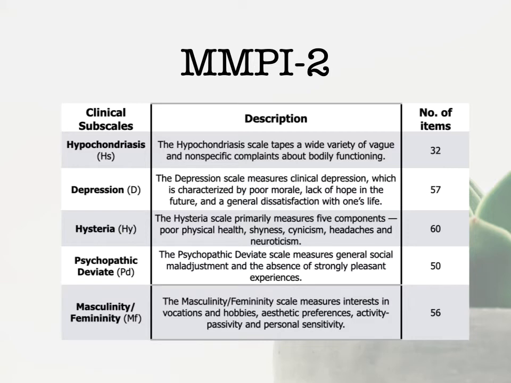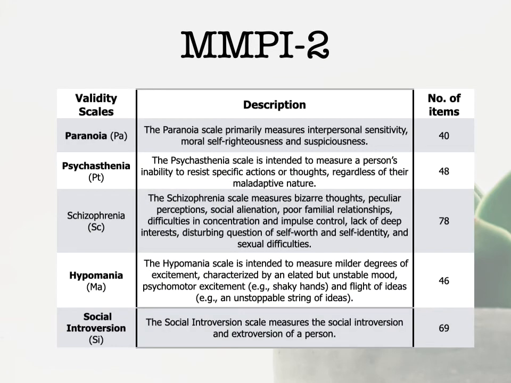What else? You have paranoia, psychasthenia, schizophrenia, hypomania, and social introversion. Again, these are the 10 clinical scales measured in the MMPI-2.